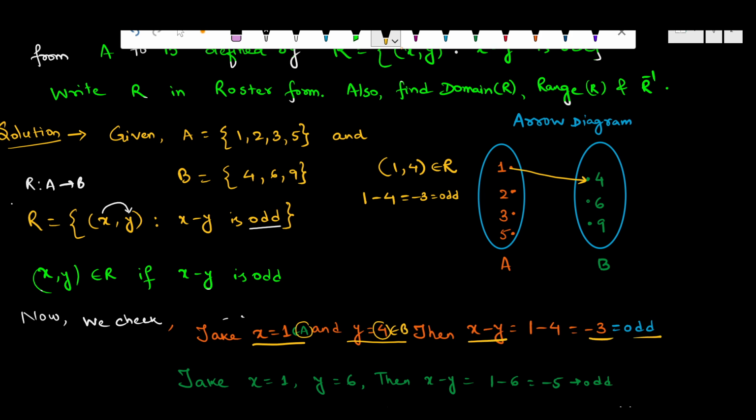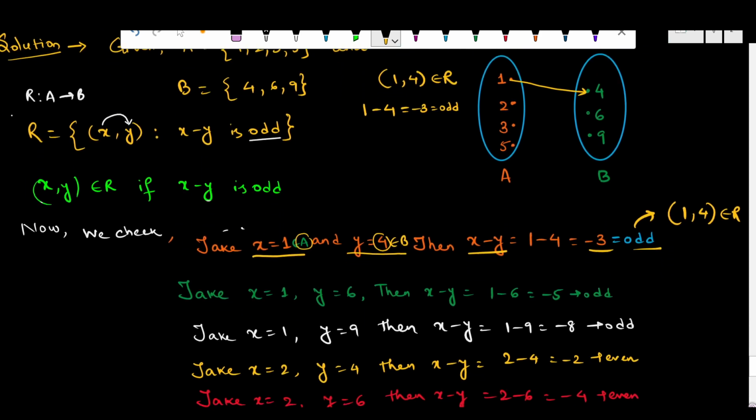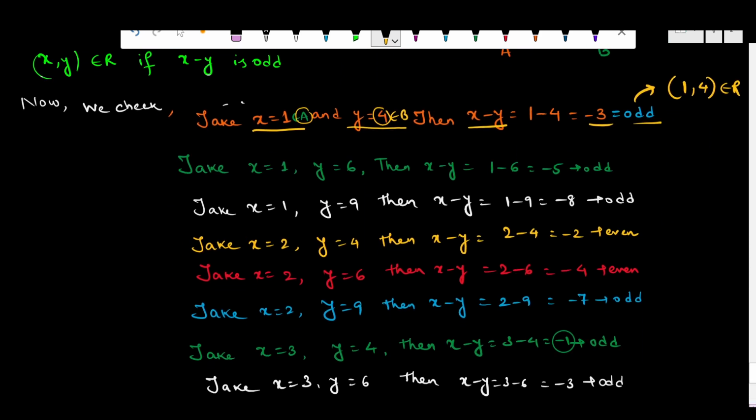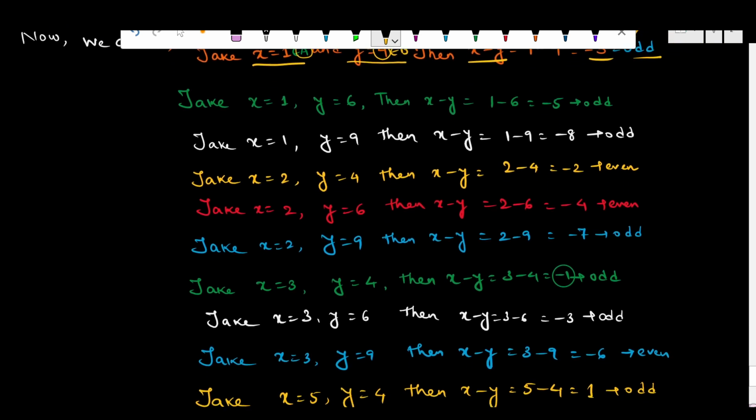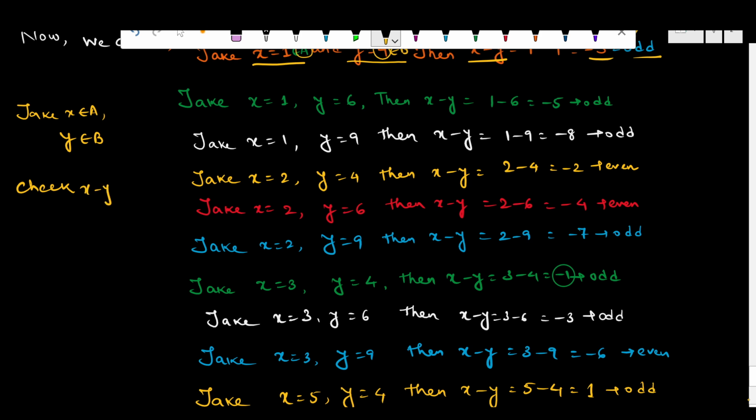So this pair 1, 4 will belong to R. Similarly, you may check for all these pairs. Right? Take x from set A and y from set B and check whether x minus y is odd. If x minus y is odd, then this pair (x, y) will belong to R.